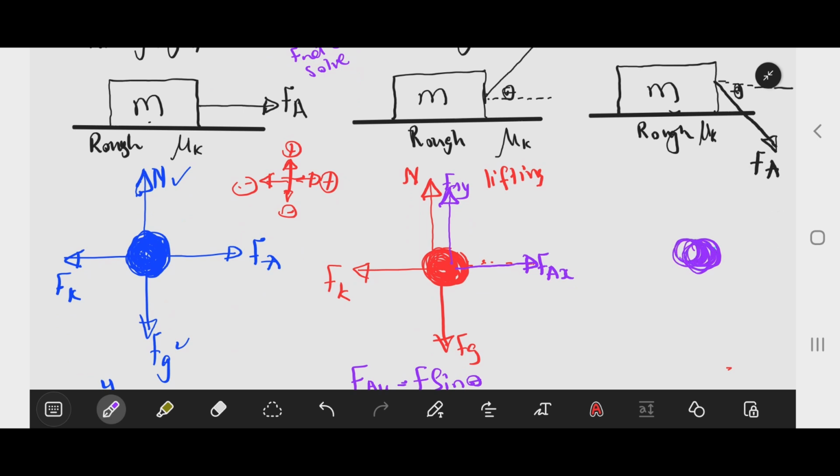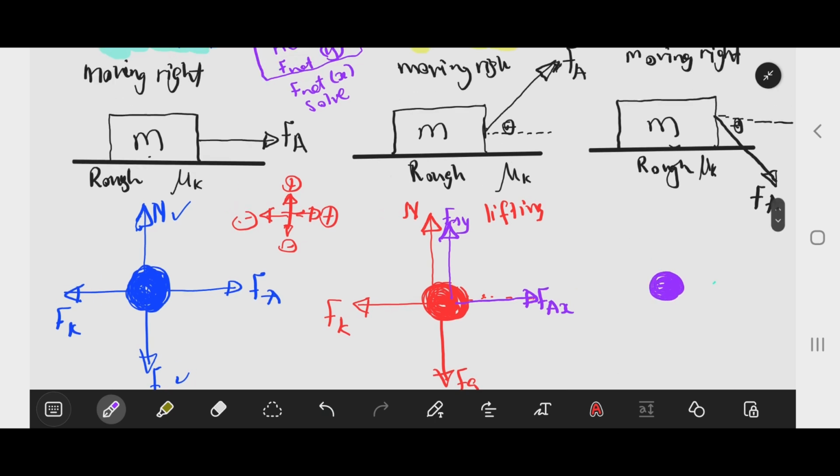So the free body diagram for step number 2, for scenario number 3: we will have our Fg, which is downward because we have mass, and we will have our normal force, which is upward, perpendicular to the surface.